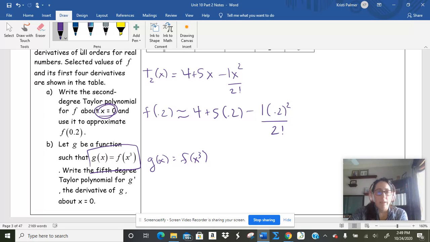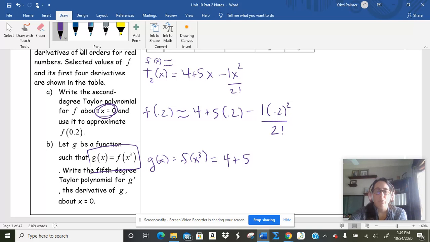So if I'm looking at f of x to the third now, then basically I'm going to have what I wanted before. I plug in an x to the third everywhere I see an x, because remember, this was the approximation of what f was.